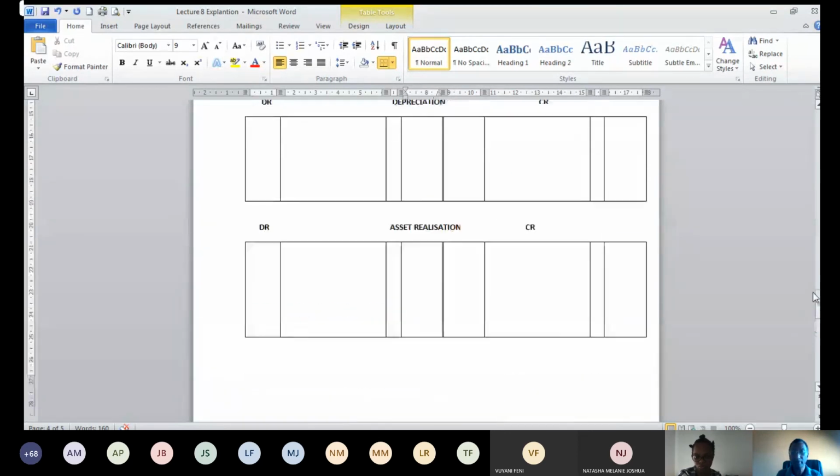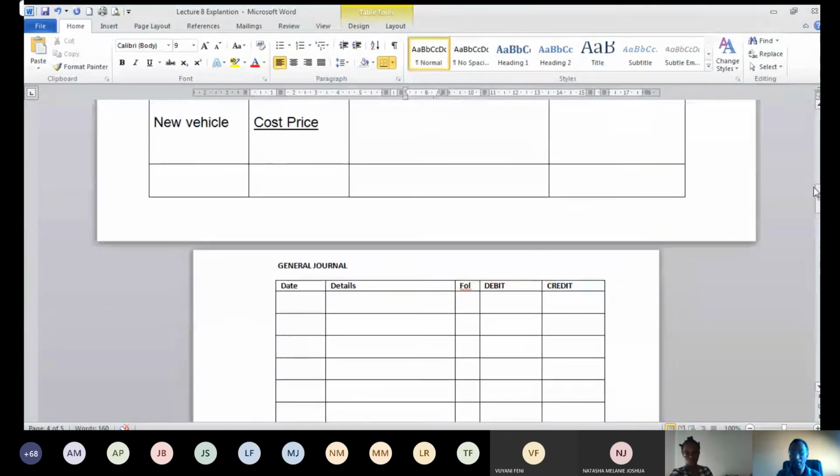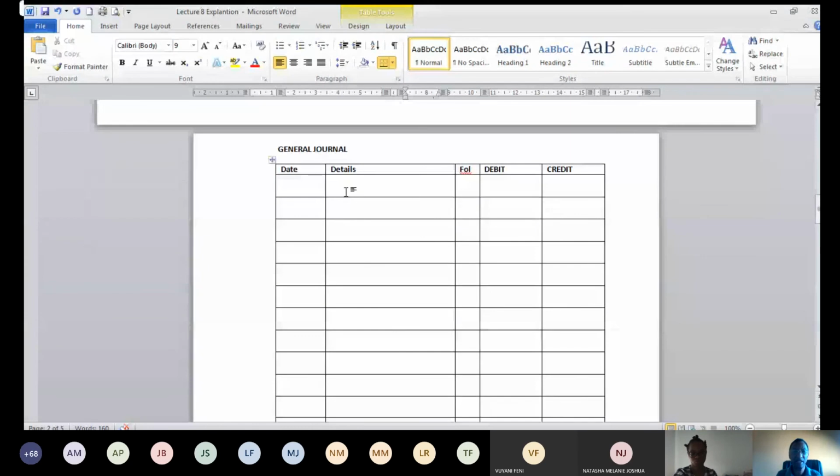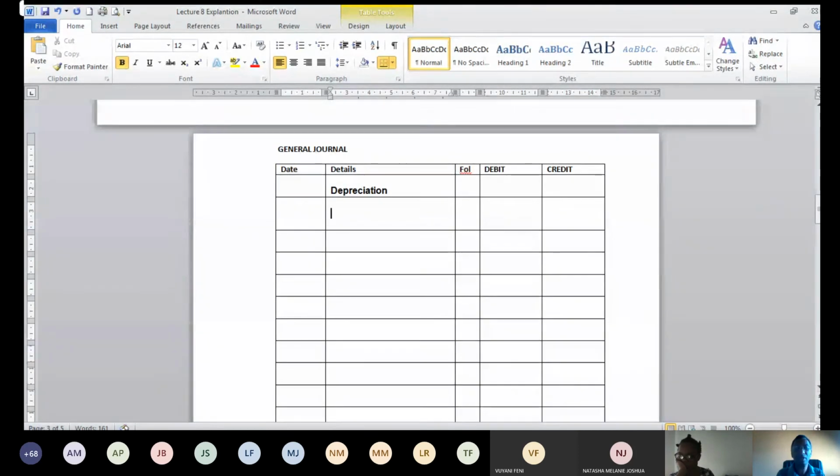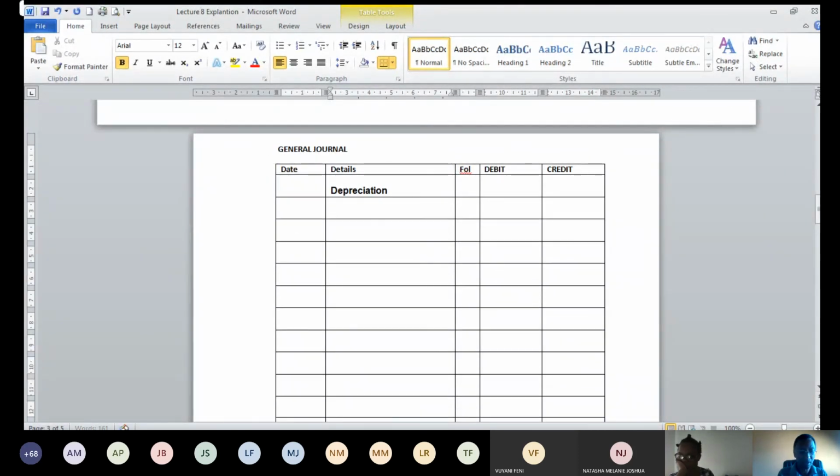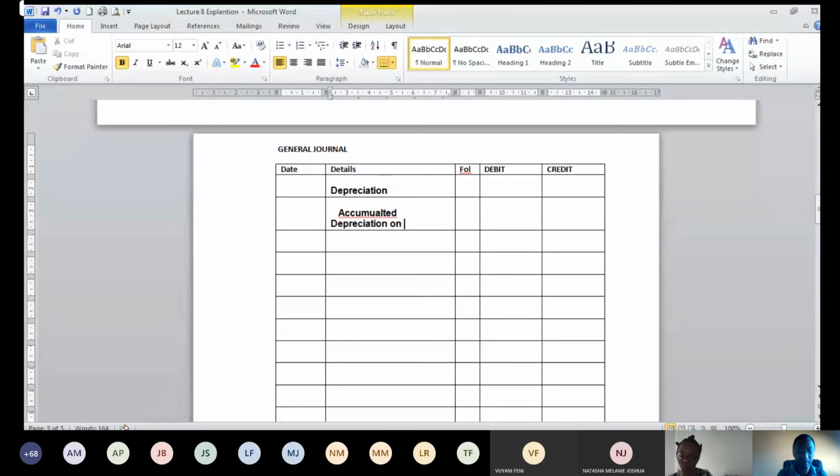Now, in step number 1, for your asset realization, you must record the additional depreciation. To record the additional depreciation, the journal entry: debit depreciation, and you credit your account related to accumulated depreciation on vehicles.